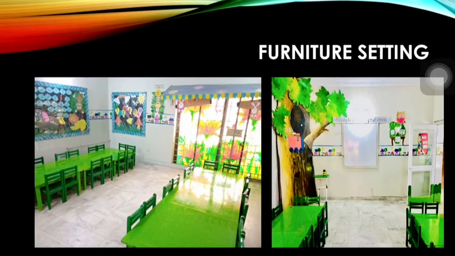Furniture setting, very important. You have to set your furniture in a way that will encourage children to work independently, and this will show that the children are not copying work from the whiteboard, rather they are working independently. If you can see, I have pasted a picture of a model classroom.